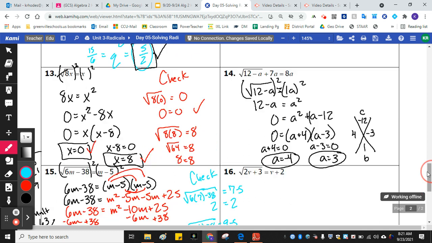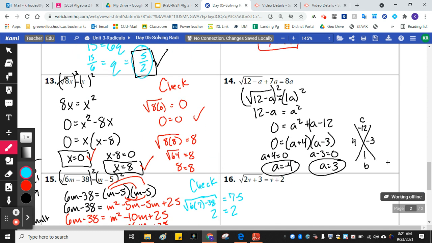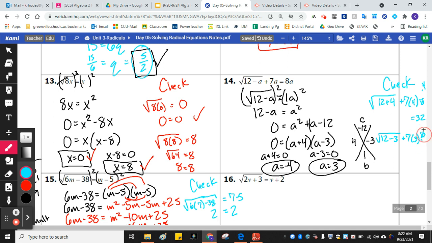I come back up here and check these answers because I forgot. Minus negative is a positive 4. 8 times 4. Thank you. 32. 12 minus 3 plus 7 times 3 equal 8 times 3. 21.